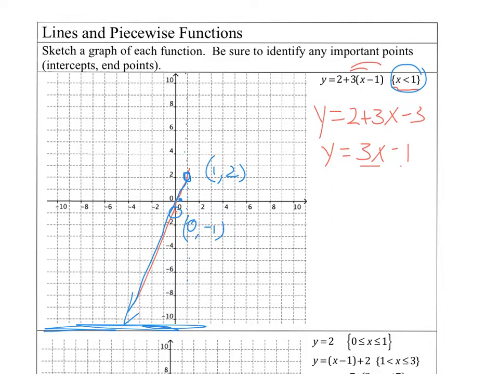I'm going to have to solve for that. So 0 is equal to 3x minus 1. I plugged in 0 to find the x-intercept. I'm going to add 1, divide by 3, and I get the point (1/3, 0). So I've identified both the x-intercept and the y-intercept, as well as the end point, and I've taken the domain into account for graphing this.